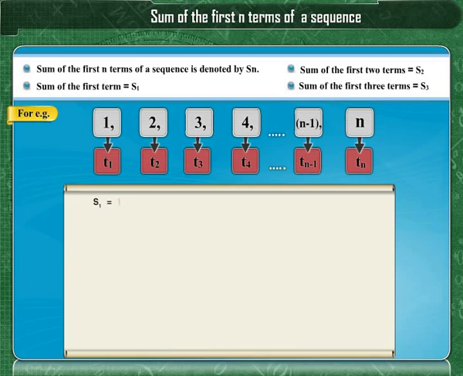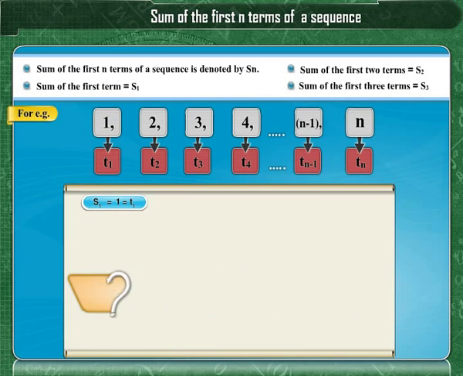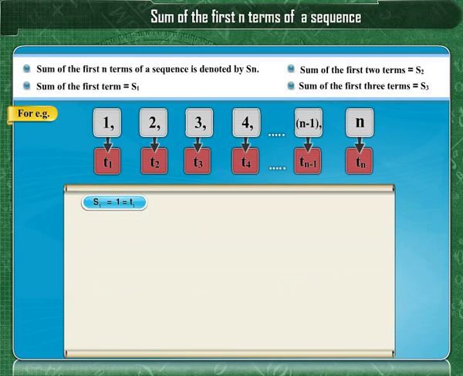Therefore, S1 is 1, which is the first term T1 itself. What is the sum of the first 2 terms of this sequence? To find the sum of the first 2 terms, we have to add the first 2 terms. Therefore, the sum of the first 2 terms S2 is 1 plus 2, that is T1 plus T2.